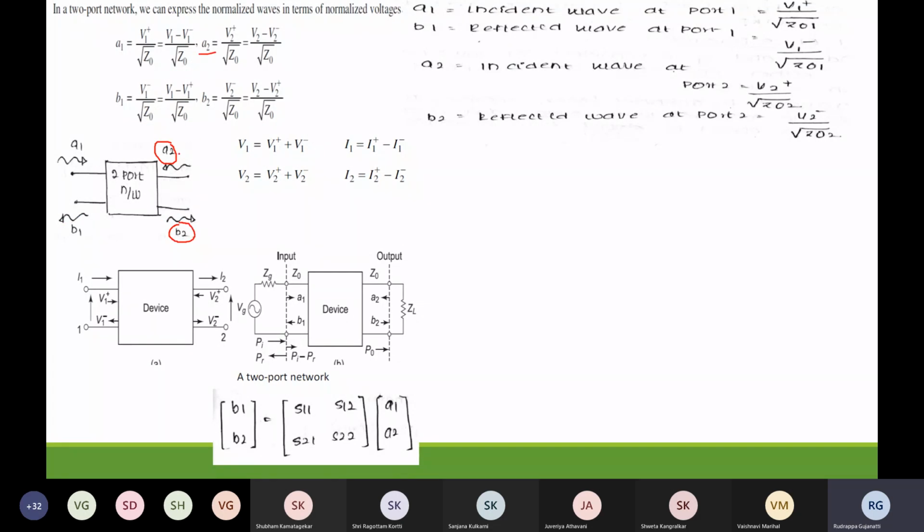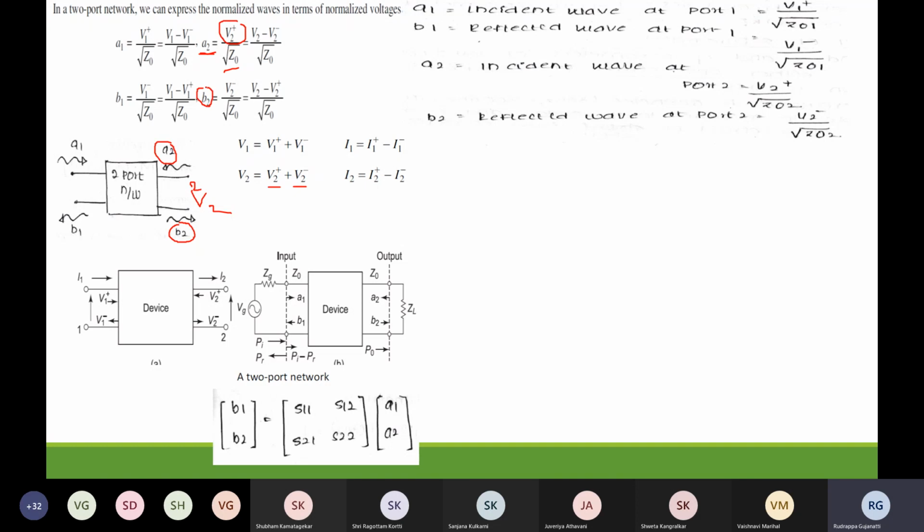A2 is associated with port 2. The voltage at this point is V2, which has two parameters: V2 plus, the incident parameter, and V2 minus, the reflected parameter. A2 is the incident wave amplitude at port 2, so we have V2 plus divided by square root of Z0.